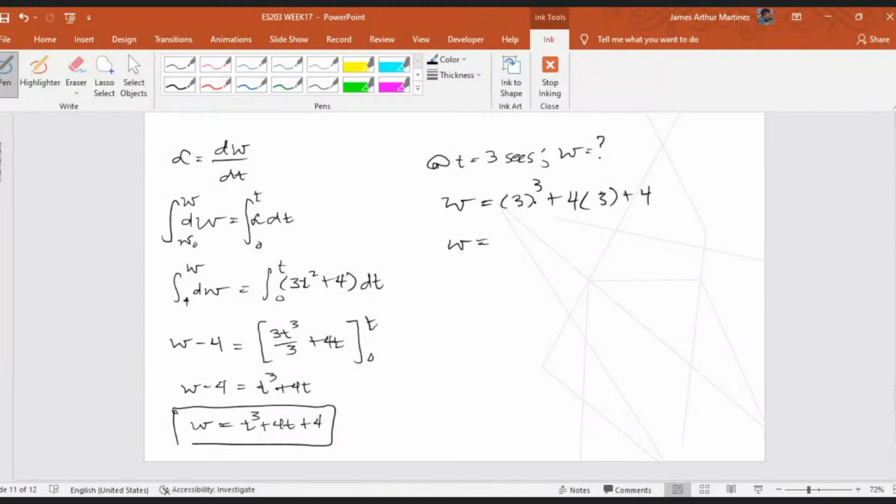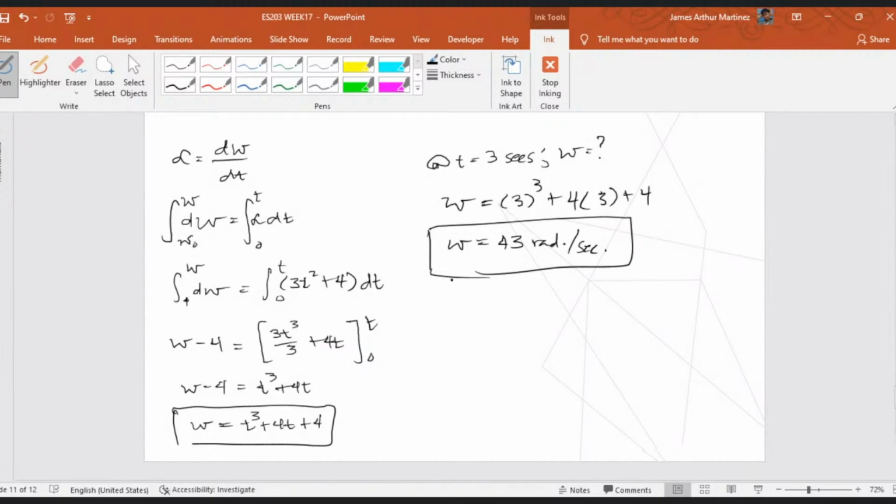So omega will be equal to 3 times 3 is 9, times 3 is 27, plus 4 times 3, 12. So 27 plus 12 is 39, plus 4, 43 rad per second. Okay. And then how about the angular displacement?